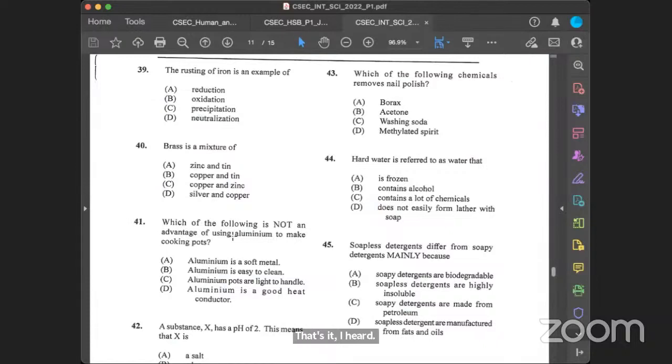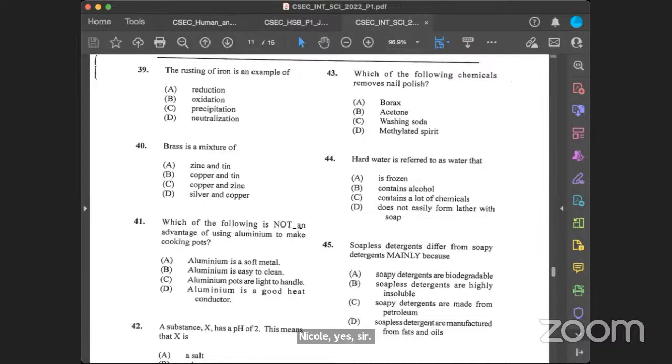It would rust if it was just iron. Please check up what stainless steel is made of. Iron and chromium, sir. Nickel too. Yes, okay, all right.